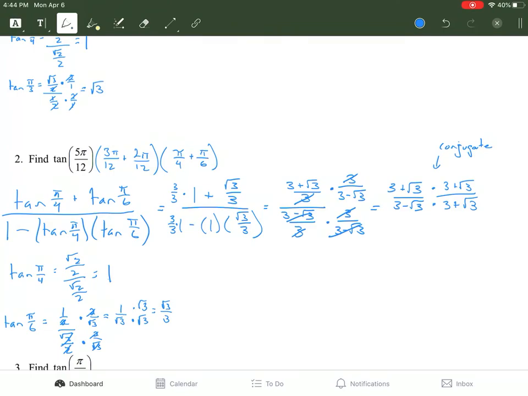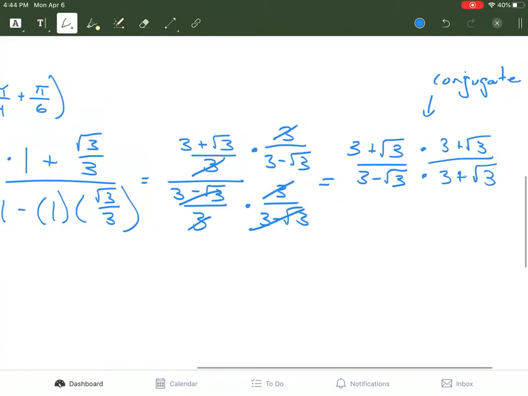Okay? So we have 3 times 3 is 9. We have 3 times square root of 3, which is 3 root 3. We have root 3 times 3, which is, again, 3 root 3. We have the square root of 3 times the square root of 3, which is the square root of 9, which is just 3.